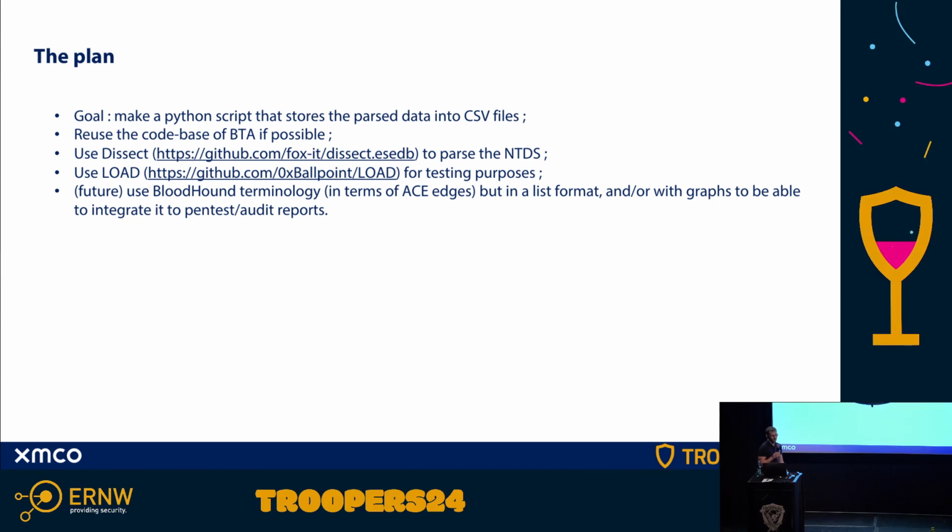And for the future, we want to have the same terminology as BloodHound when it comes to the ACE edges that we identify. So, for example, WriteOwner, WriteAccountRestrictions, and so on.